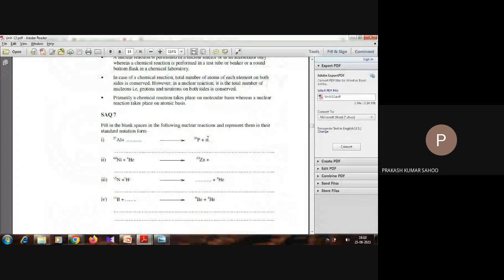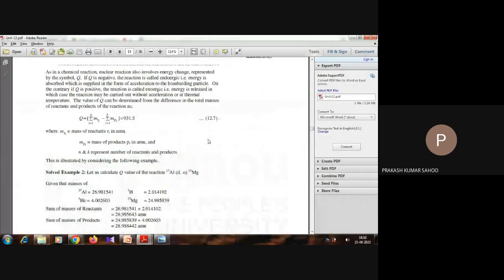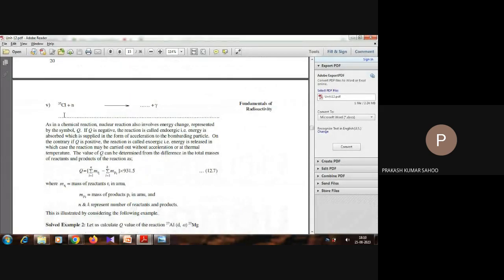Then we have this one: chlorine 35, n, plus Y. What will be the answer here, filling in the blank? It is chlorine 17 35, neutron is n 0 1. That means the total atomic number is 17 plus 0, it is 17, and 35 plus 1 means it is 36. So it is Y 0 0.